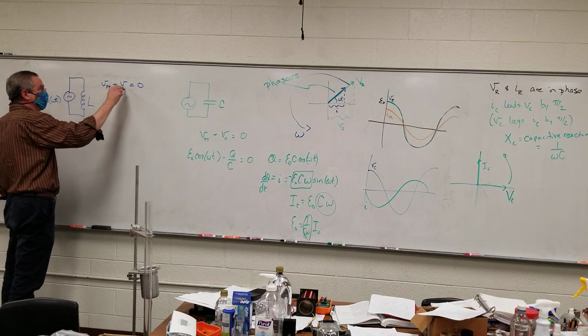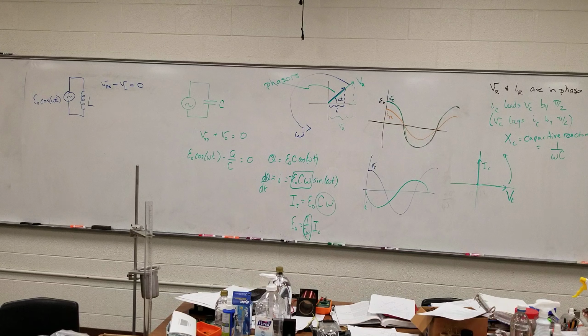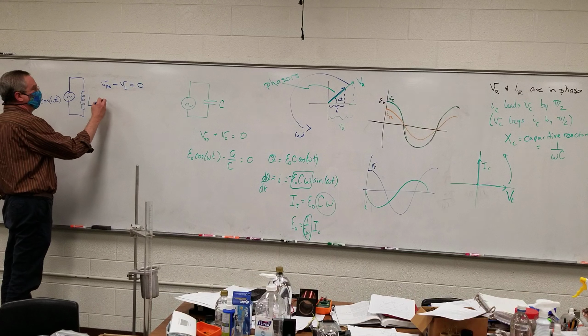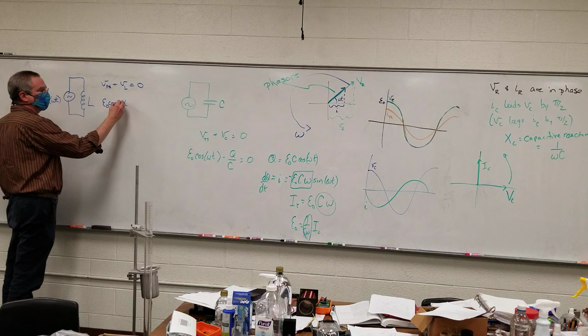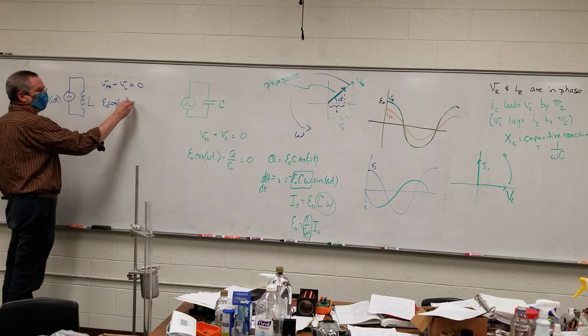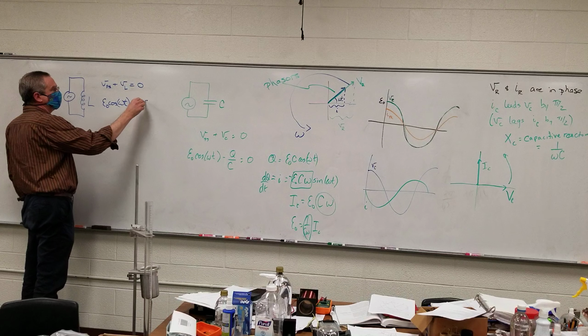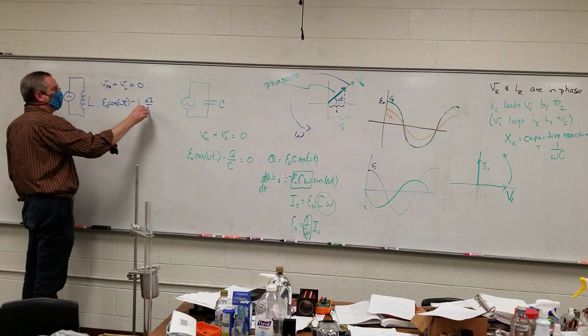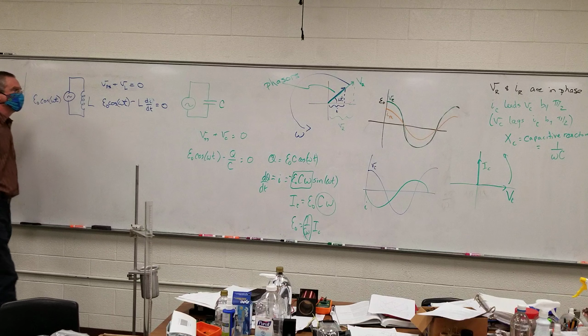I have to be careful here because if I'm writing quickly, my L's and my C's look too much alike, so if you can't tell what it is, please ask. So epsilon sub naught cosine omega t minus L di dt, lowercase i, is equal to 0.